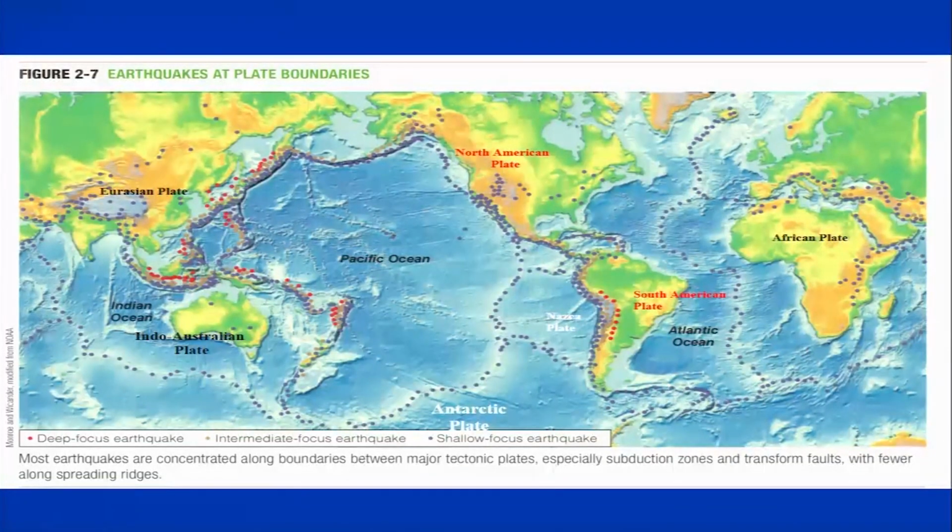Hence we have the collision plate boundary here, but in this portion, Sumatra, Andaman and Arakan, we have a subduction zone, where one plate is subducting beneath another, and mostly you see shallow earthquakes. The hazard posed by such earthquakes is very high, and the risk is also very high to the people staying in this region.